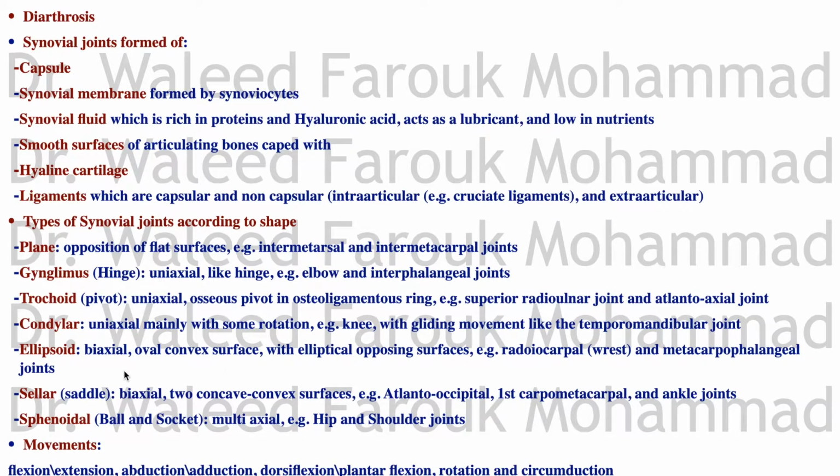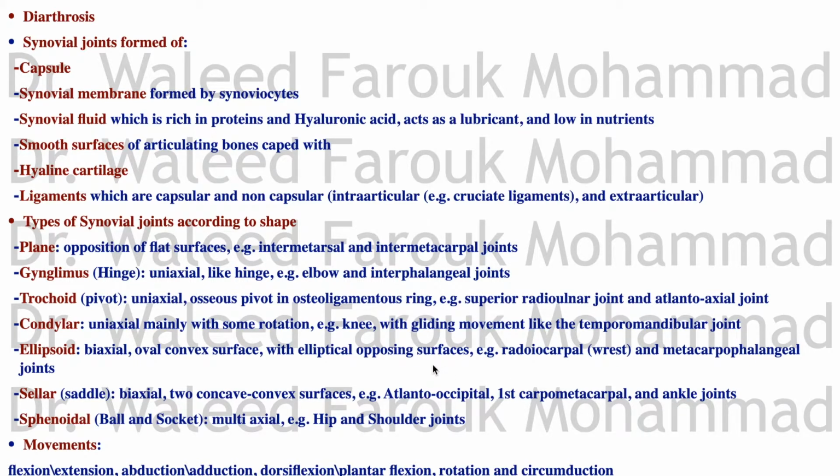Ellipsoid means the articular surfaces are shaped like an ellipse, and it's biaxial, meaning there are four movements, usually flexion, extension, abduction, and adduction. It has an oval convex surface with elliptical opposing surfaces, like the radiocarpal joint, which is the wrist joint, and the metacarpophalangeal joints, the joints between the metacarpals and the phalanges.